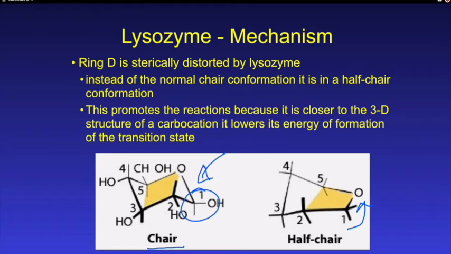Now, this particular structure right here is a wonderful tetrahedral, with 109.5 degree angles. That's wonderful. All right. But when it's in the half chair, this becomes more parallel, more like a trigonal planar. And here's the bond, one of the bonds that will be broken.